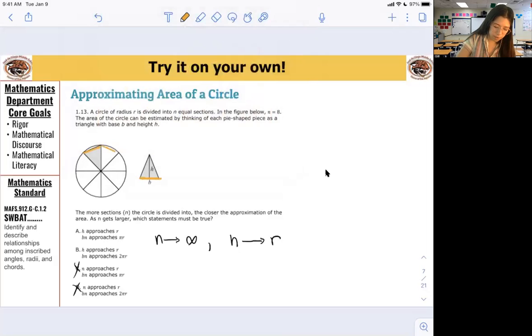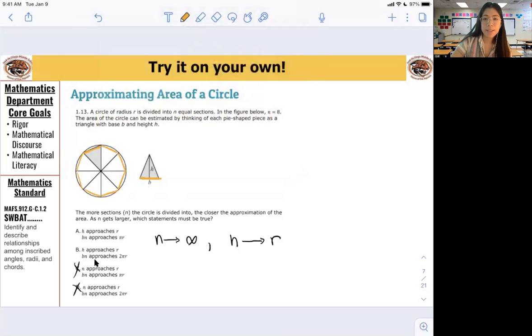And if I go all the way around the circle, how many bases are there? How many? 8, right? How many triangles are there? 8 triangles, 8 bases, all the way around.